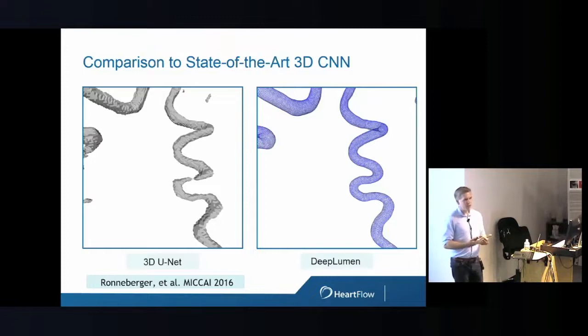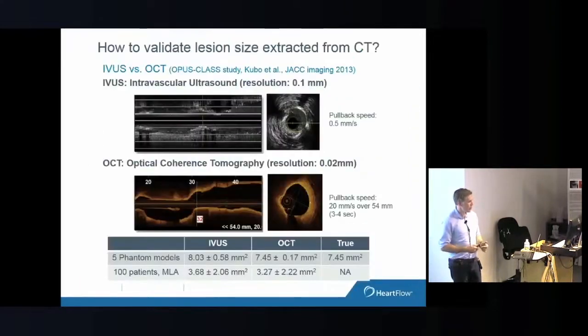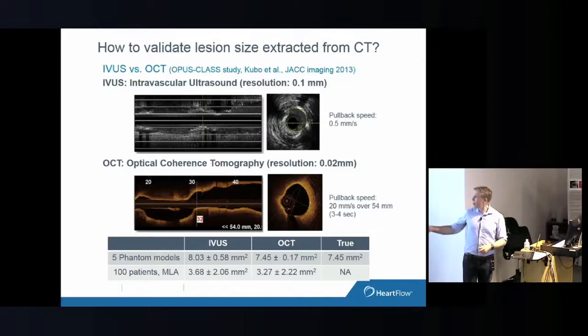So then the next question was, how do we actually know whether these lumen boundaries are accurate? To look at that question, we used OCT, which is an invasive imaging modality that has a resolution on the order of about 0.02 millimeters.